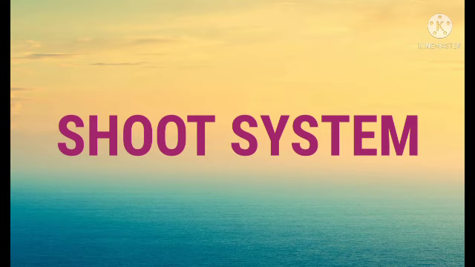The shoot system is above the soil. The main axis of the shoot system is called the stem. The shoot system consists of stem, leaf, flower and fruits.